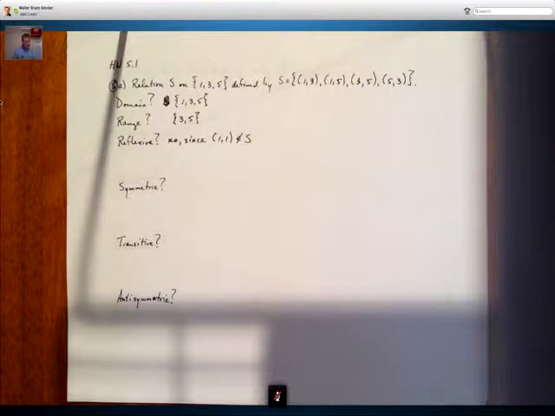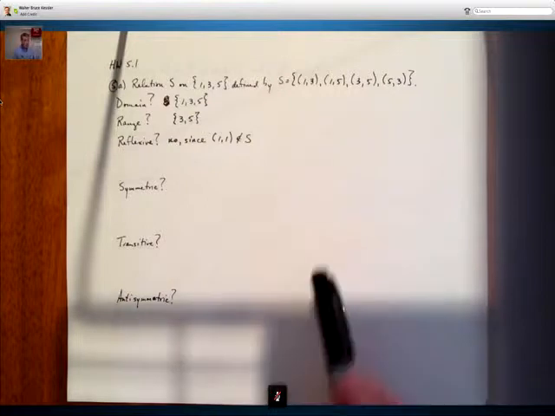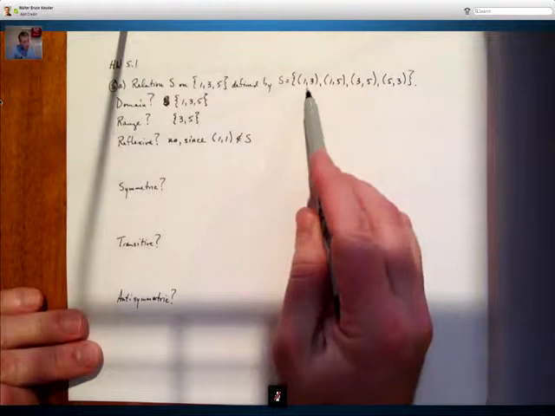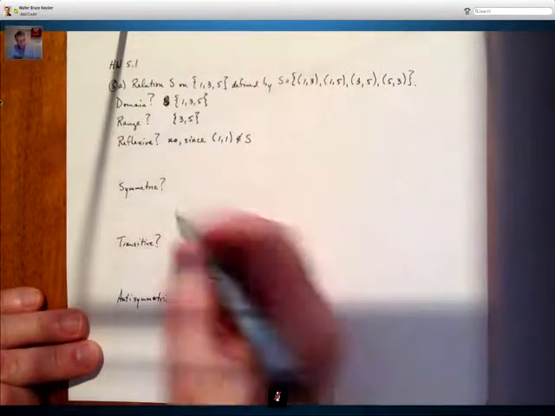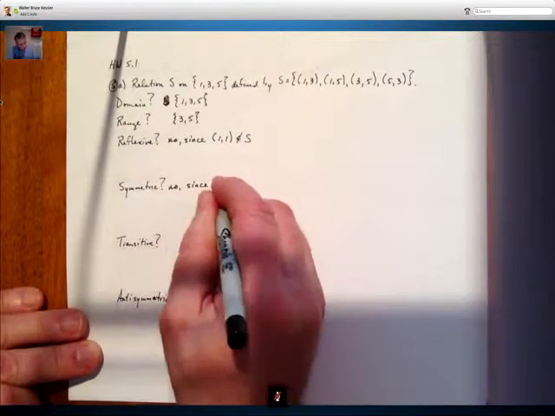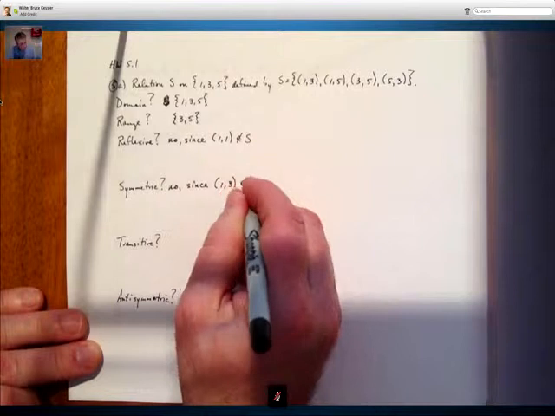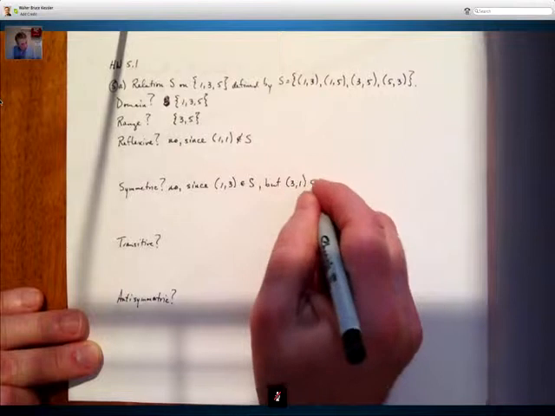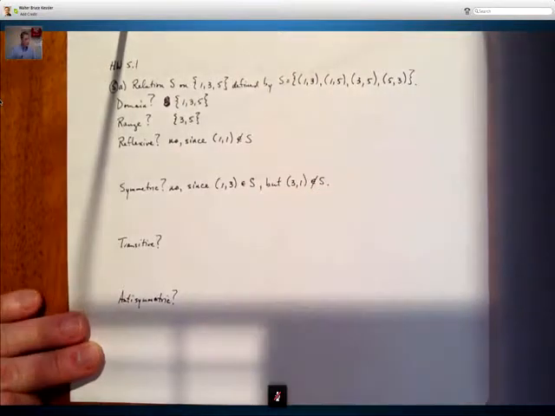So even if we find one, if it doesn't work for every element here, then it's not going to count. Now, symmetric, we have to start checking conditions. Symmetric says if I have the ordered pair AB, then I've got to have the ordered pair BA. So immediately I see I've got 1, 3, but I do not have 3, 1. So this is also a no, since 1, 3 is in S, but 3, 1 is not an element of the relation.